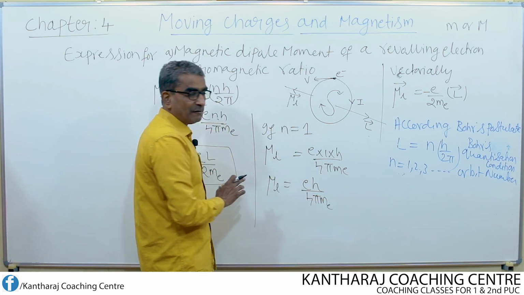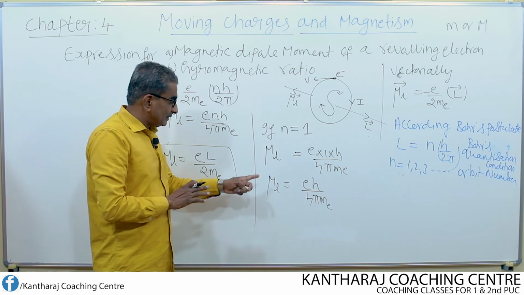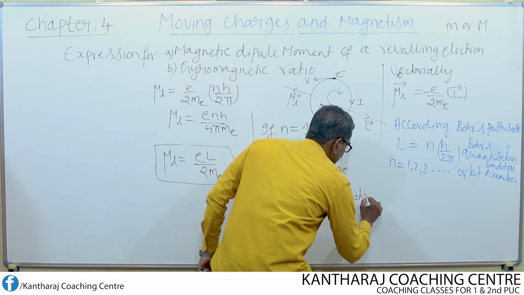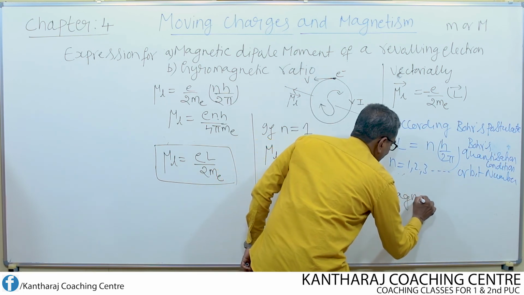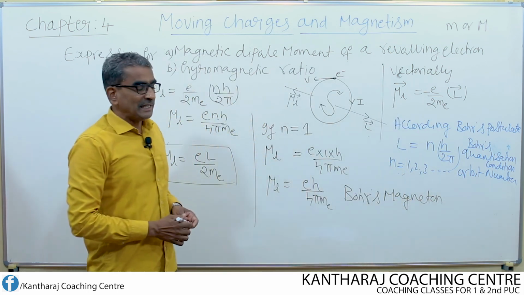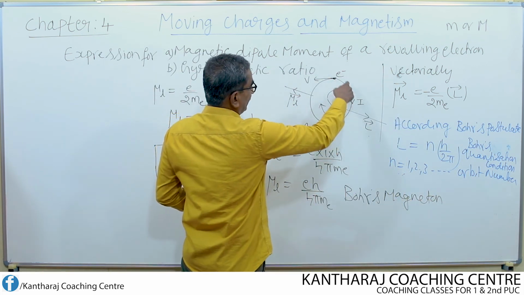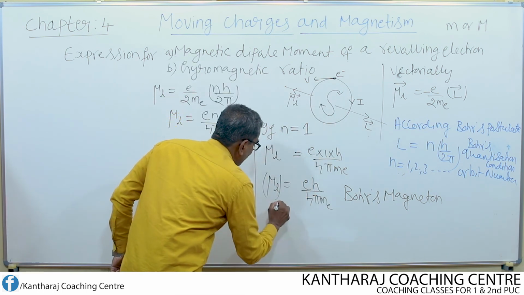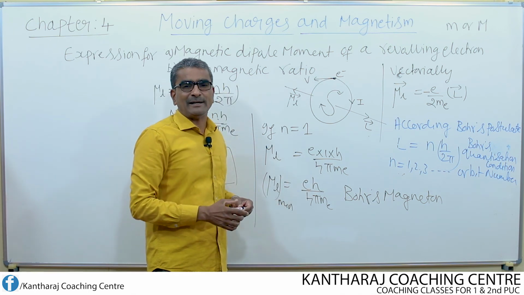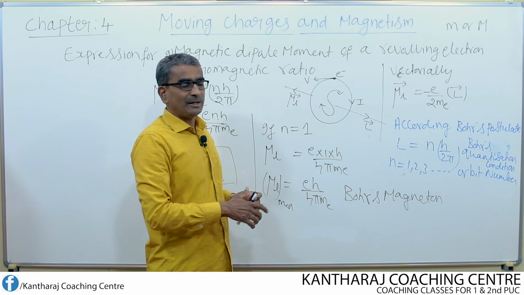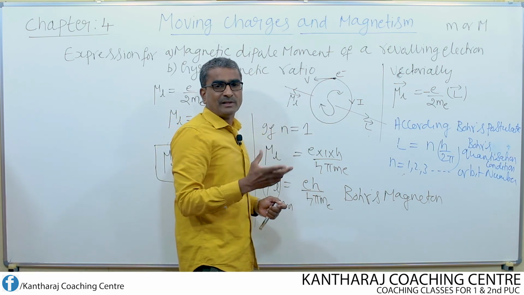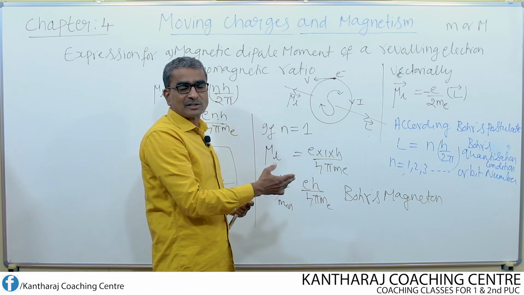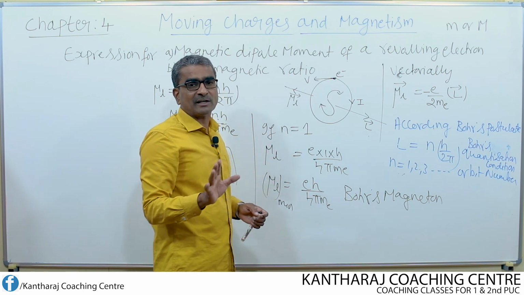This value of the magnetic moment is known as Bohr's magneton. What is meant by Bohr's magneton? It is the magnetic moment of the revolving electron in the first orbit, or the minimum value of the magnetic moment. When does the magnetic moment of the revolving electron become minimum? Only when it revolves in the first orbit, because n takes the value 1. Other than the first orbit, the magnetic moment of the revolving electron is not minimum.